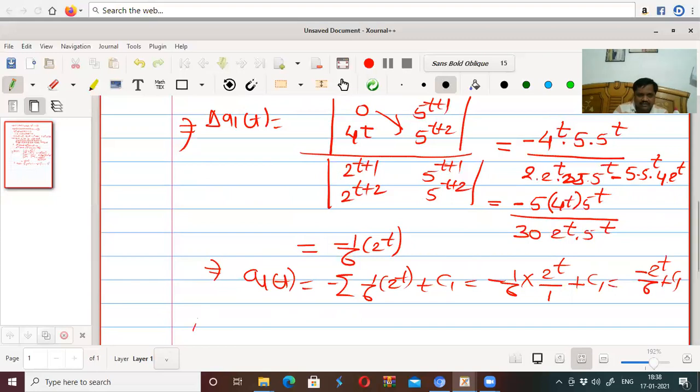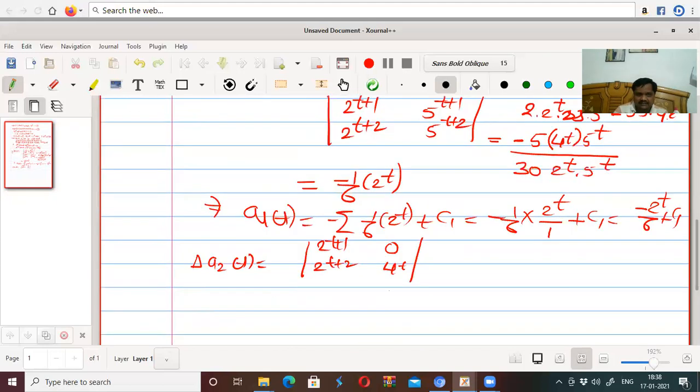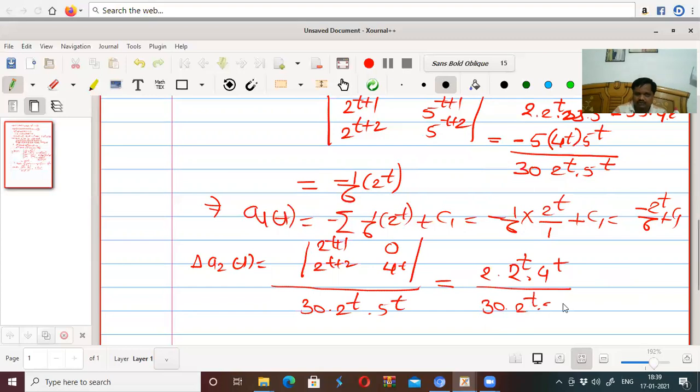Similarly, delta A2t becomes, now this first column is as it is, that is 2 to the power t plus 1, 2 to the power t plus 2. The second column will be replaced by 0, 4 to the power t, and divided by the same denominator, 30 into 2 to the power t into 5 to the power t, equal to 2 into 2 to the power t into 4 to the power t upon 30 into 2 to the power t 5 to the power t.